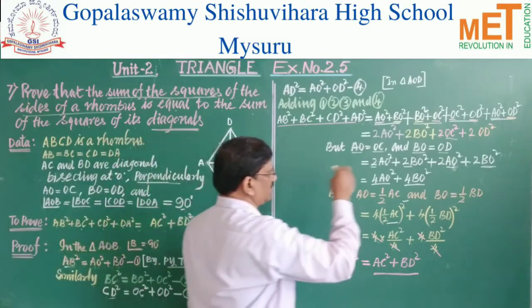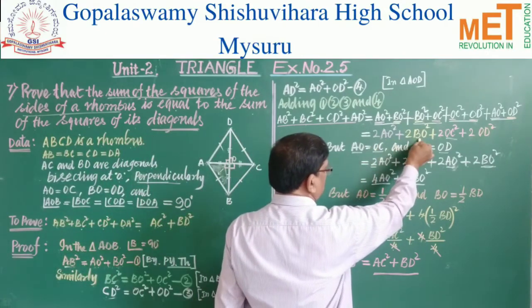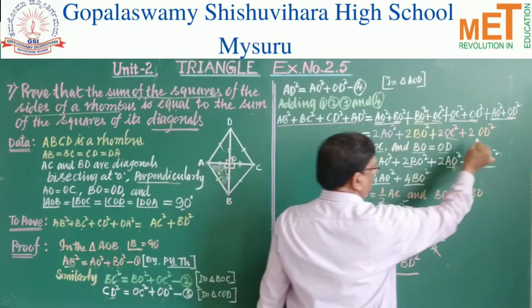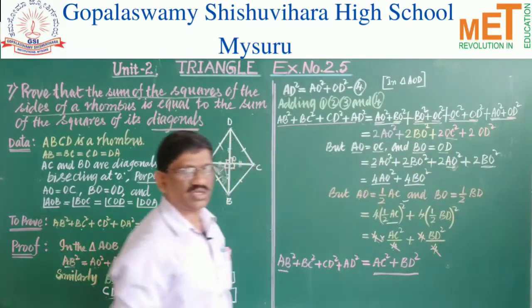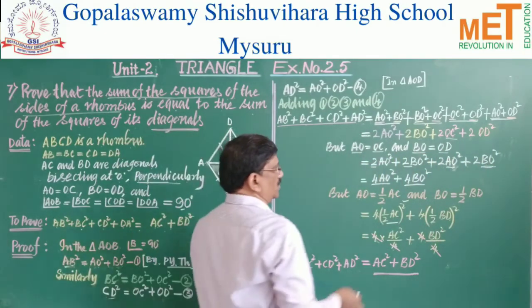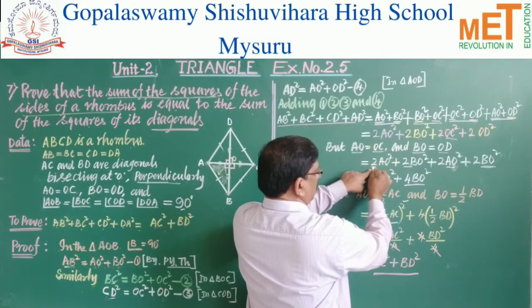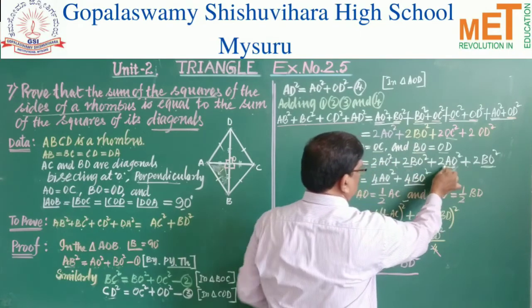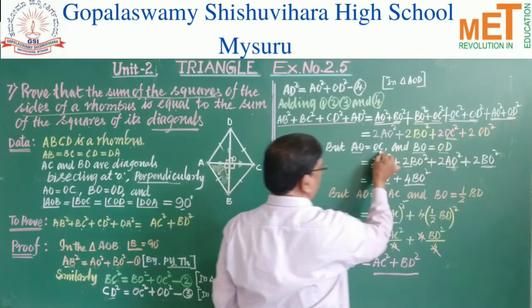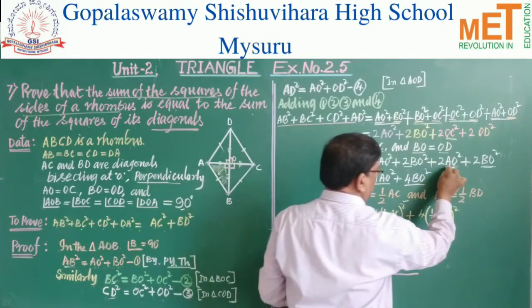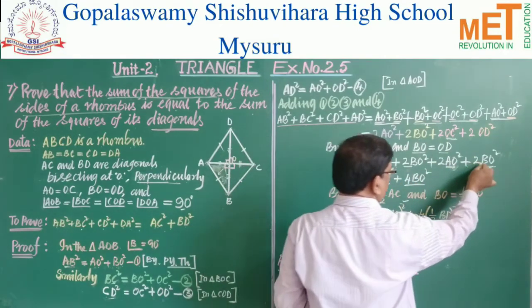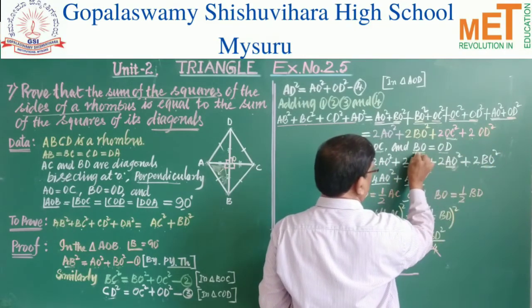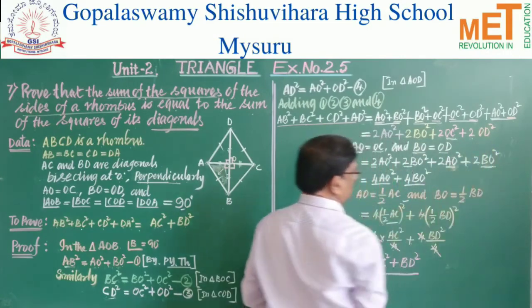Therefore, keeping the first 2 terms as such, can we replace OC by AO and OD by BO, because both are equal, isn't it? So I am keeping the first 2 terms, that is 2 AO square plus 2 BO square plus 2, in place of OC I am substituting AO, that is AO square, plus 2, in place of OD, that is OD is equal to what? BO, that is BO square.